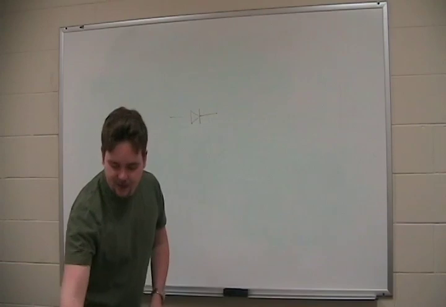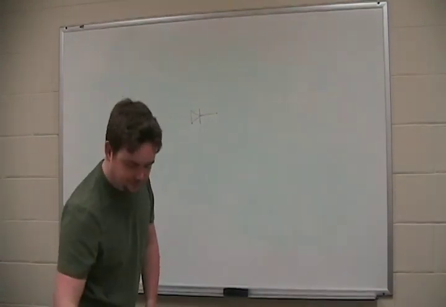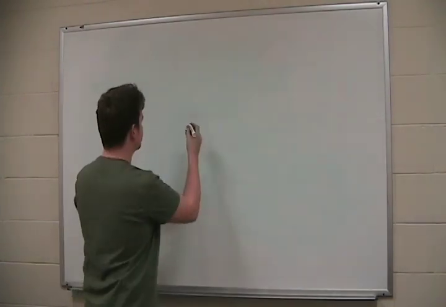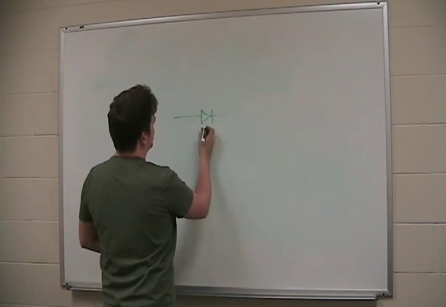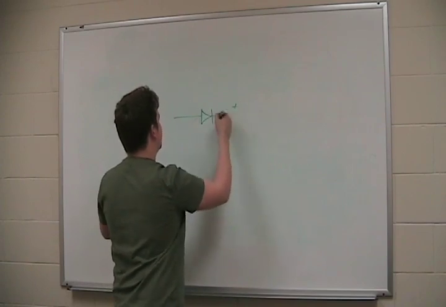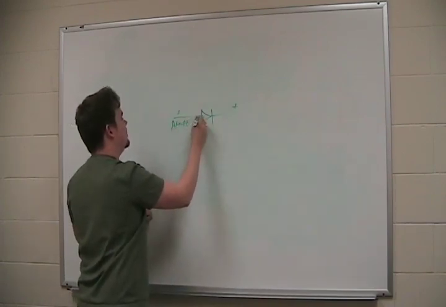Now, I'm not even sure if you can see that. It's just a triangle with a stick on the end. This is the negative. This is the positive. Anode, cathode.